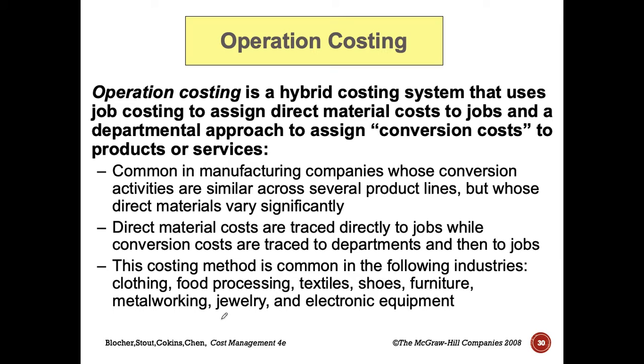Direct material costs are traced directly to jobs, while conversion costs are traced to the department and then to jobs. This costing method is common in industries such as clothing, food processing, textile, shoes, furniture, metalworking, jewelry, and electronic equipment.